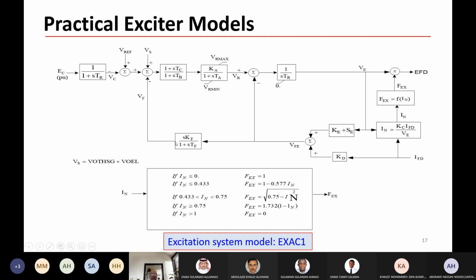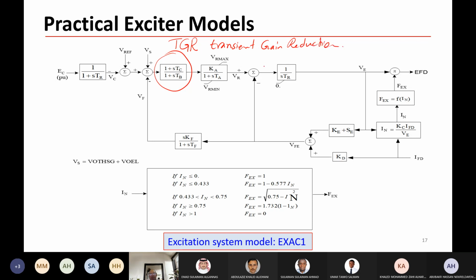And this is the stabilizing transformer, SKF over 1 plus STF. And here, this is the filter or the measuring device. And you have here a block that is very important. This is called the transient gain reduction block.